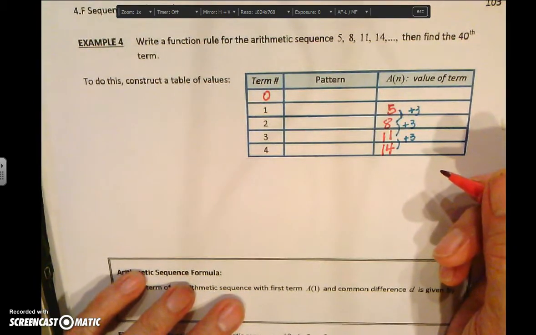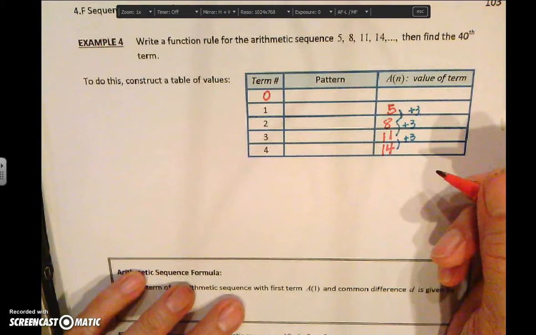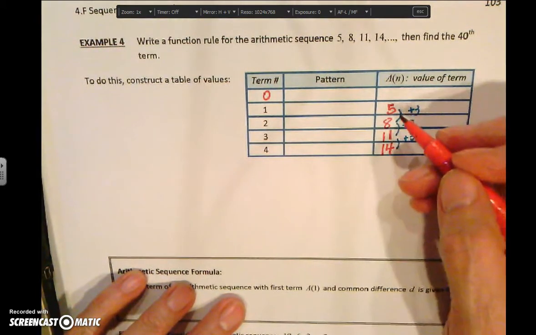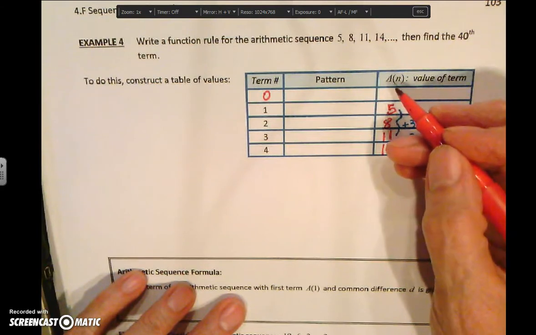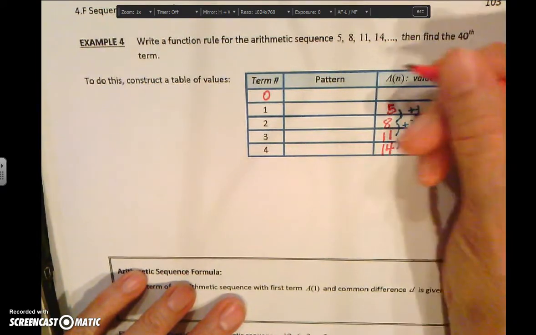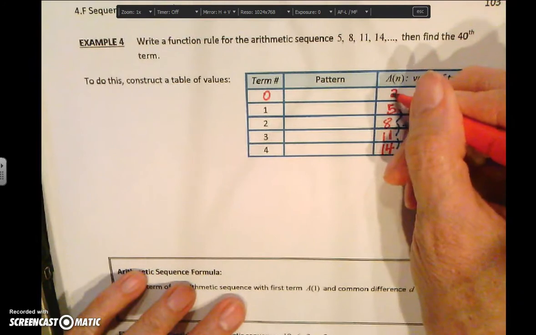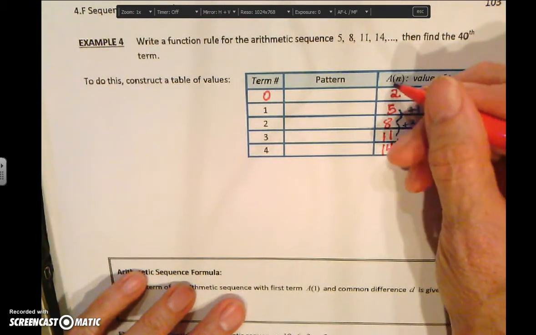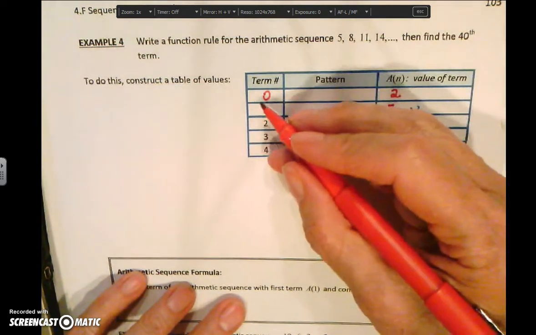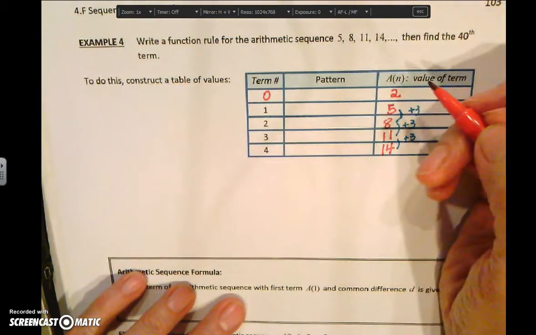That was our beginning point before we added anything. So just thinking a little bit backwards, if I had to add 3 to this number to get 5, then it must have been, I'm going to subtract 3 and get 2. So I'm going to think backwards to get this number right here. So 0 would associate with 2.